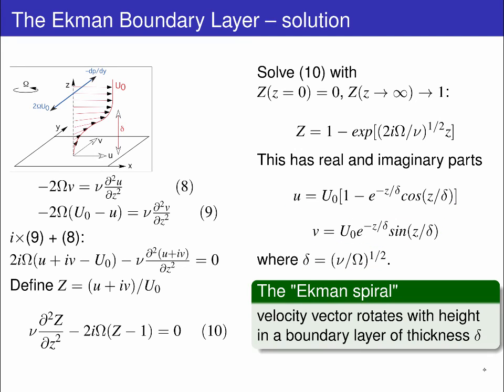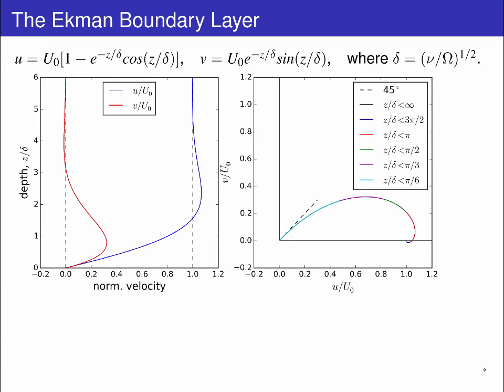These equations describe the flow within the Ekman boundary layer, which has a thickness scale of delta. The flow described by these equations is referred to as the Ekman spiral, the result of viscosity in a geostrophic flow. We can plot these solutions to get an idea of the shape of the flow within the Ekman layer.